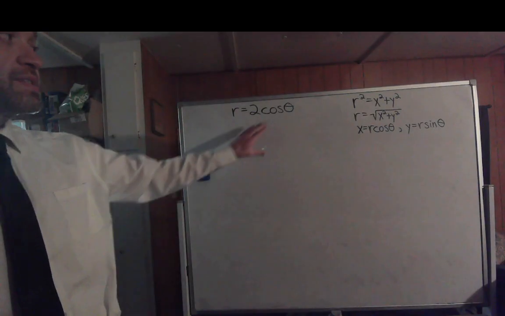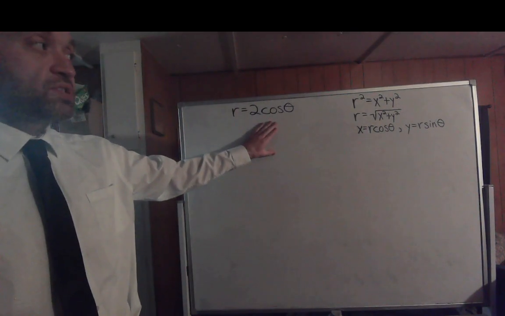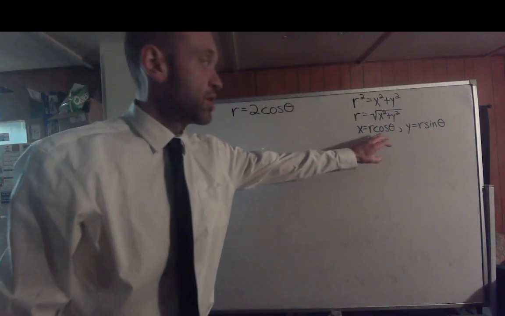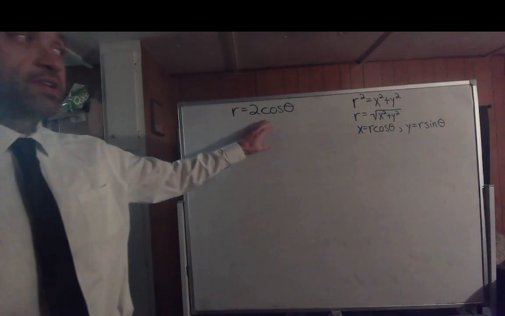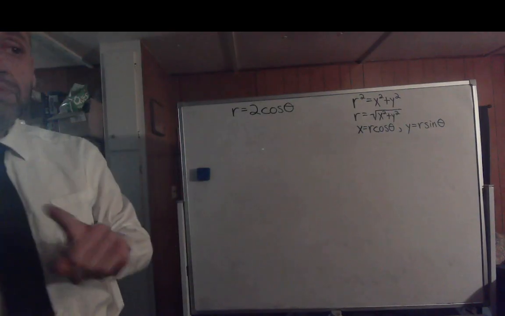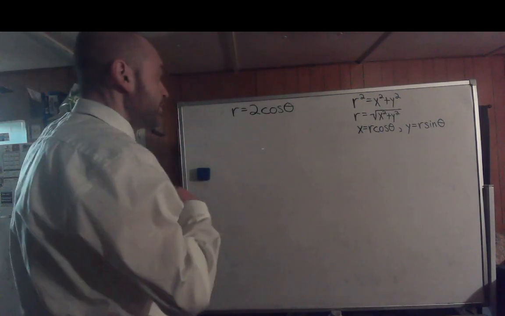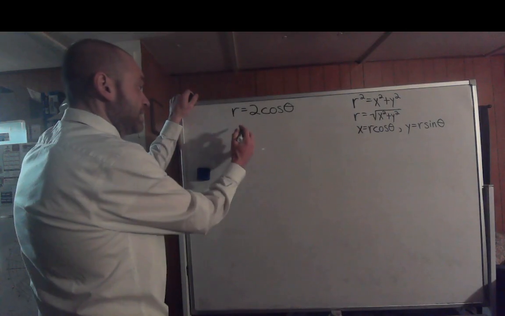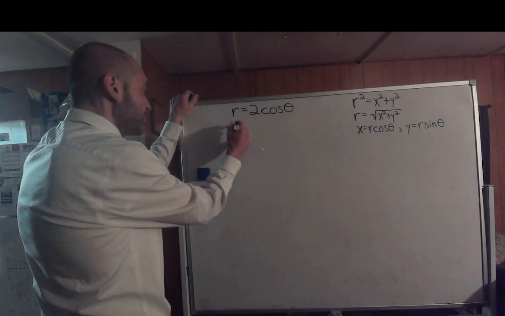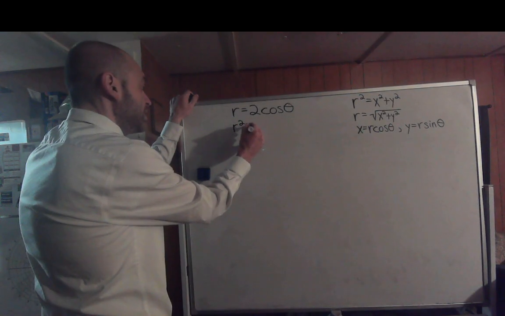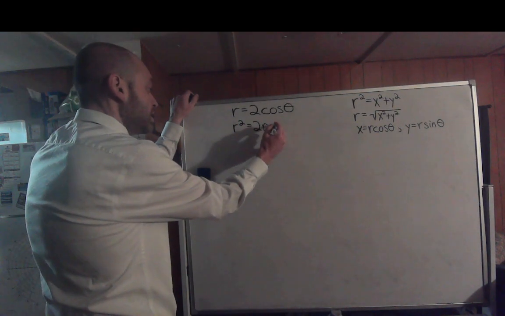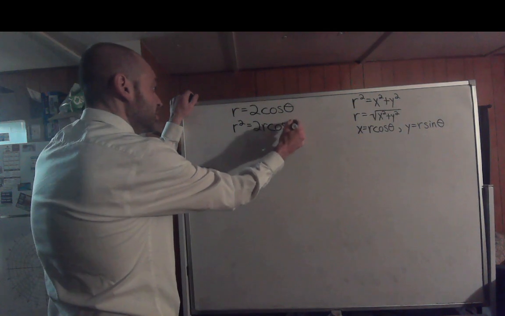Now the right-hand side, we just have 2 times cosine. It almost looks like r cosine of theta, just we don't have the r. Well, if we multiply both sides by r, what you'll end up getting is r squared equals 2r cosine of theta.